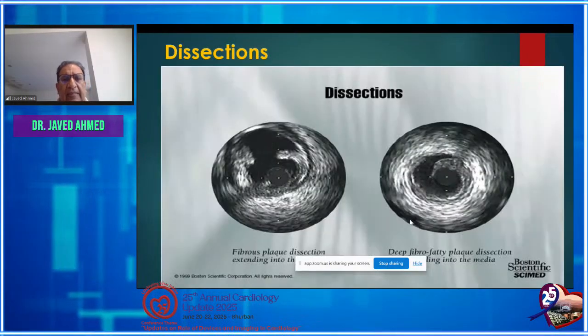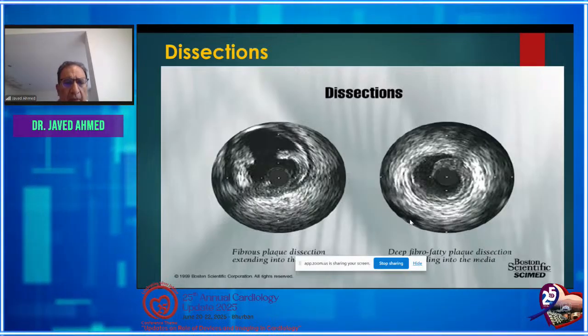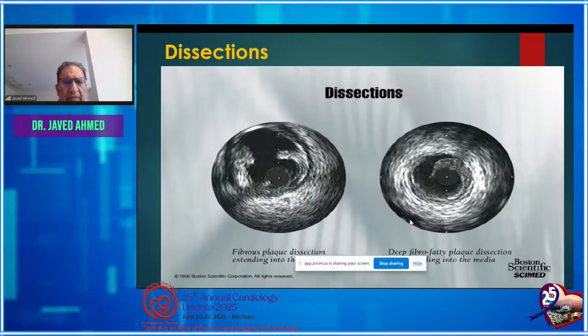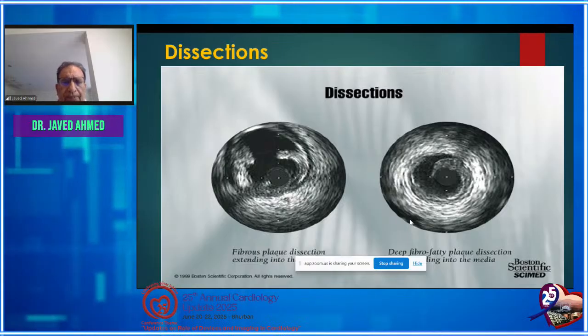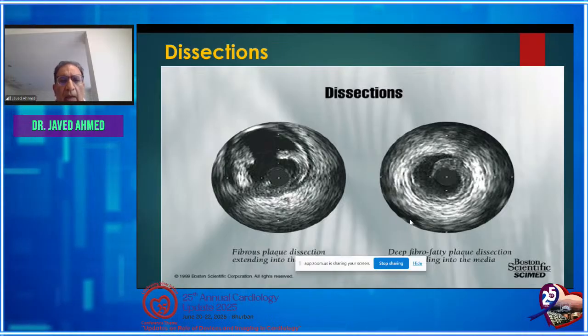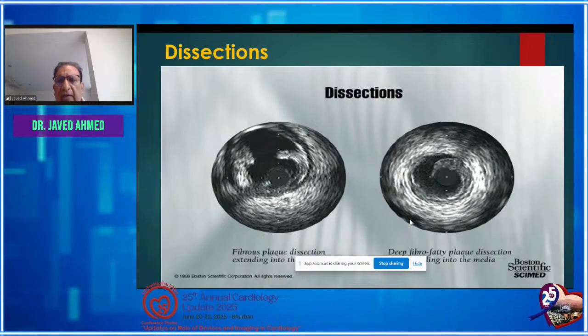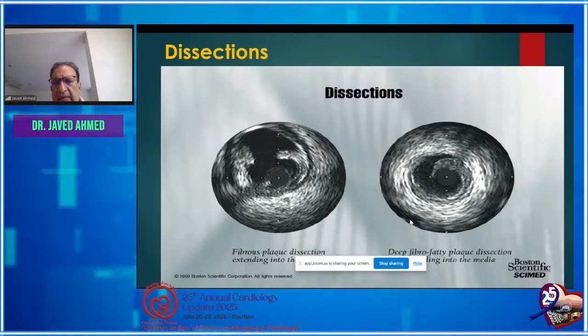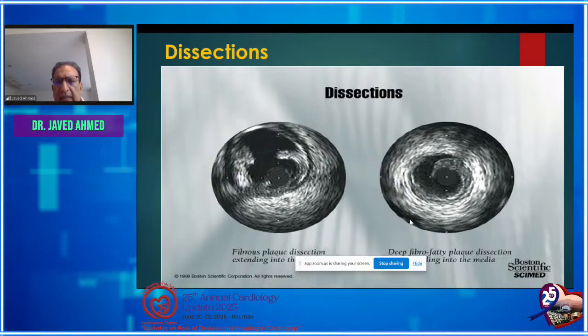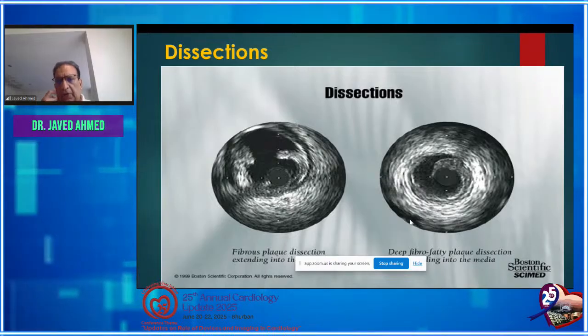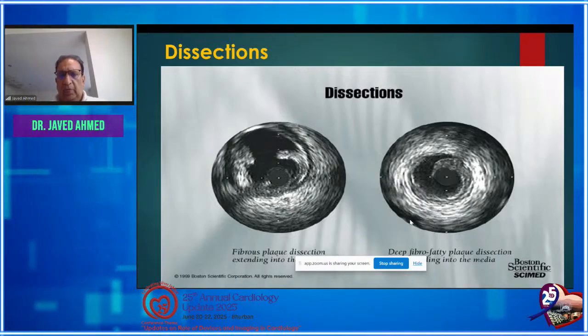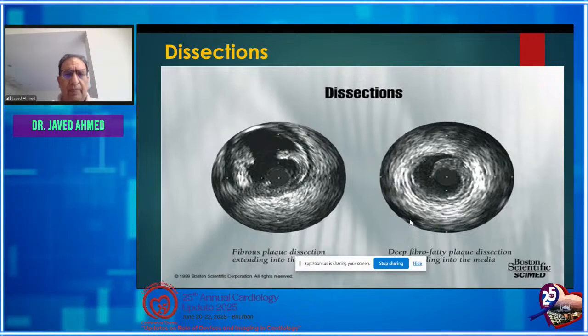This is an example of fibrous plaque dissection extending into the intima on the left-hand side, and on the right-hand side, fibrofatty plaque dissection extending into the media. There can't be a clearer picture than that.